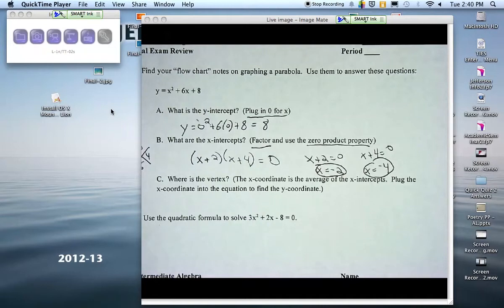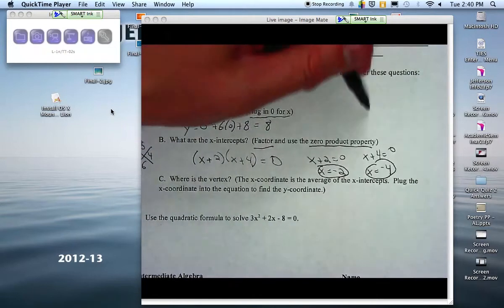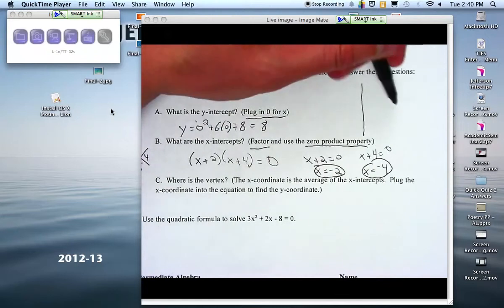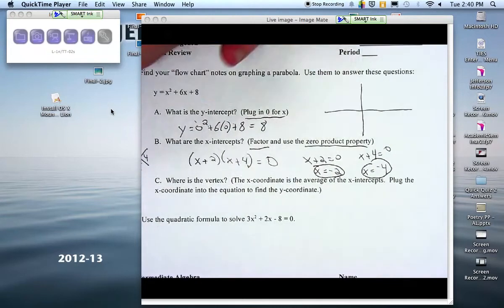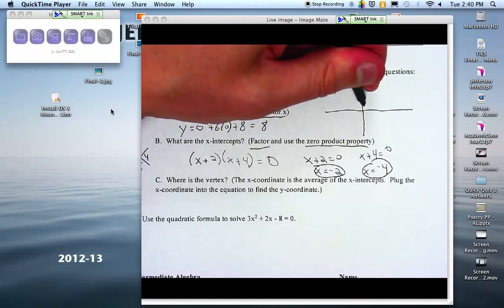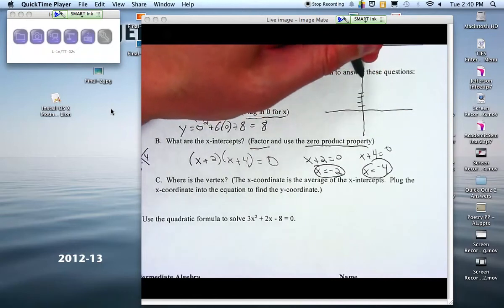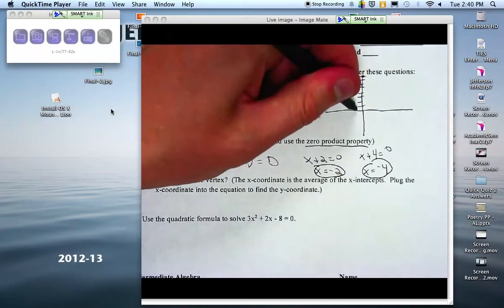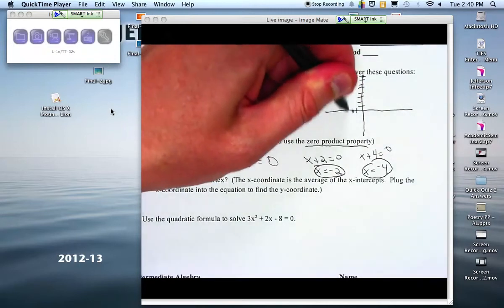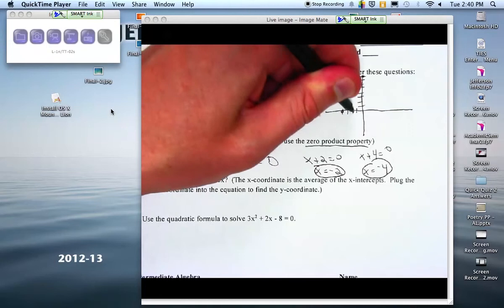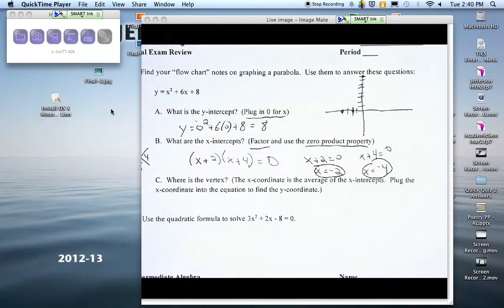The two x-intercepts. And so the problem didn't ask you to graph it, but we can certainly graph this parabola or get started now. We know we have a y-intercept of 8. 1, 2, 3, 4, 5, 6, 7, 8. And then we have two x-intercepts, one at negative 2 and one at negative 4. So we know we're going to have that U shape that's sort of hitting those dots there.